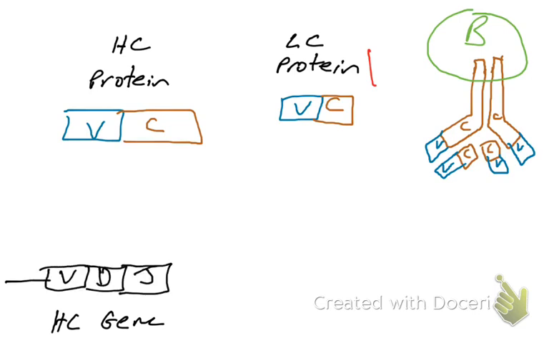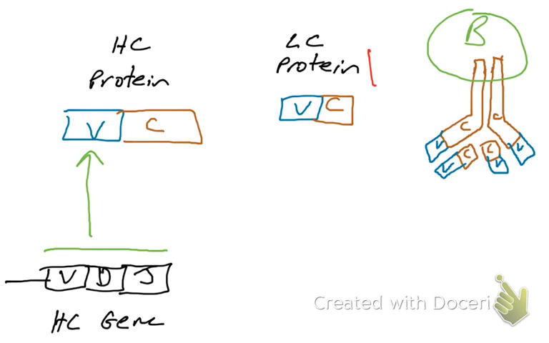If we looked at the heavy chain gene, we spent a lot of time talking about the variable diversity and joining gene segments, and recombination enzymes cutting DNA. We talked about junctional diversity, putting random nucleotides between the gene segments. And so this region of the gene is going to code for the variable region of the heavy chain protein, and that makes up part of the antigen binding site.